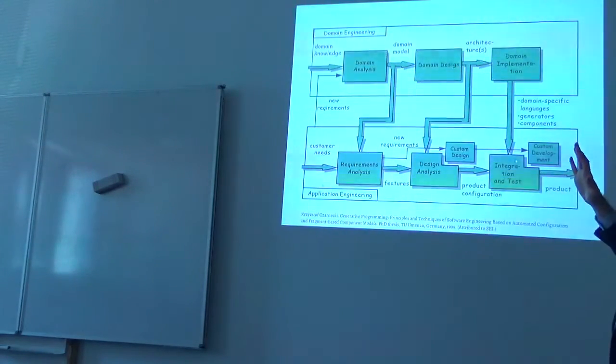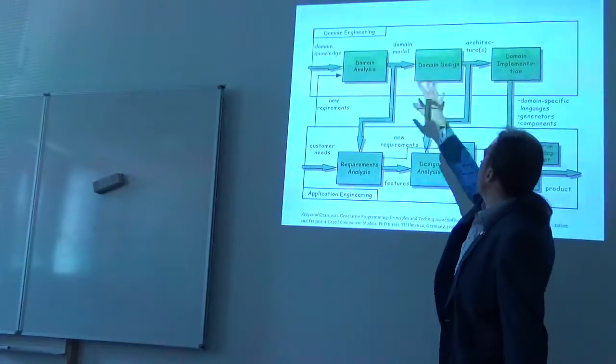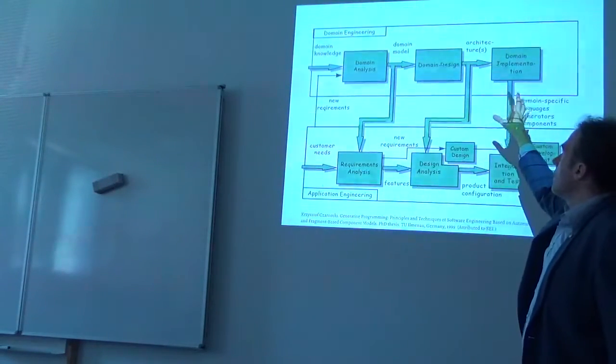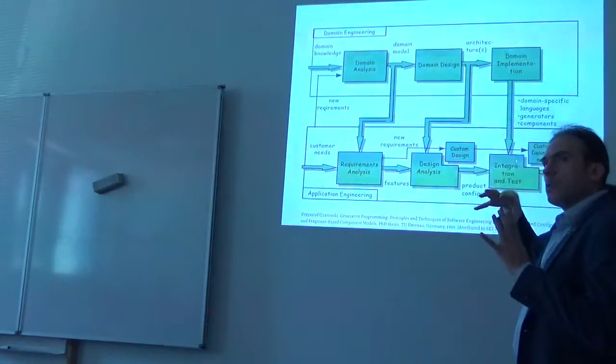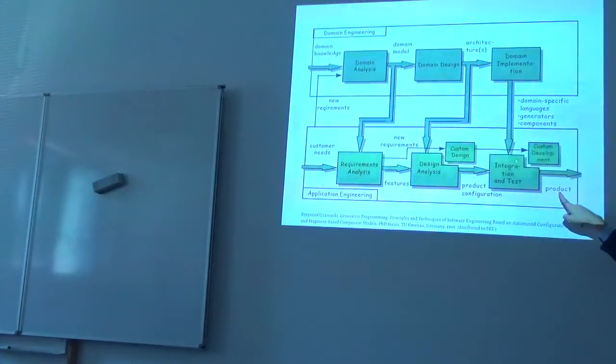Domain engineering can be understood in a more specific sense as a process where you really create what you need, the pieces that you then put together in a product, to constitute a product. So your final product is a product.